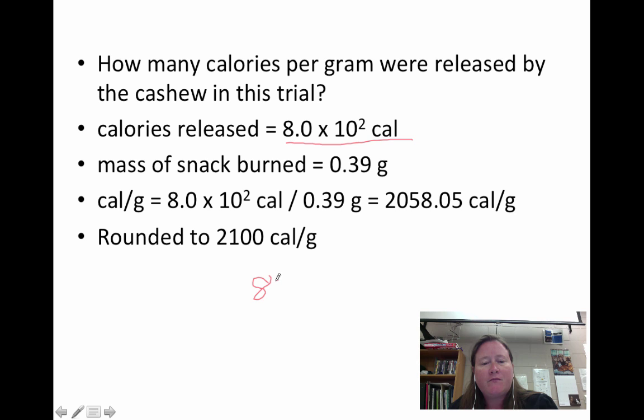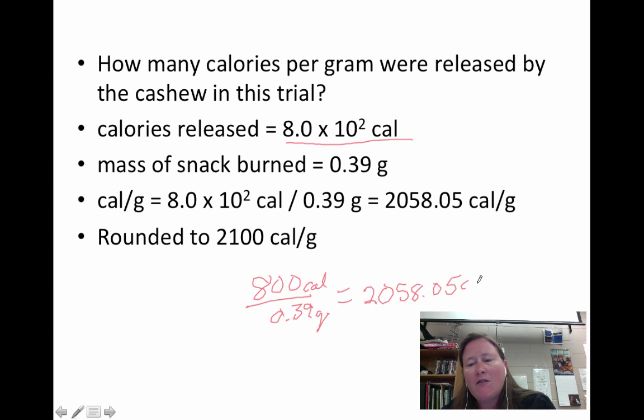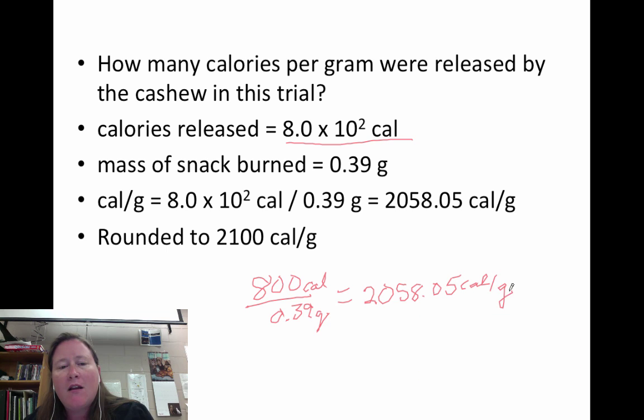So 800 calories divided by 0.39. This is my chicken scratch here. The calculator gives us 2,058.05 calories per gram.